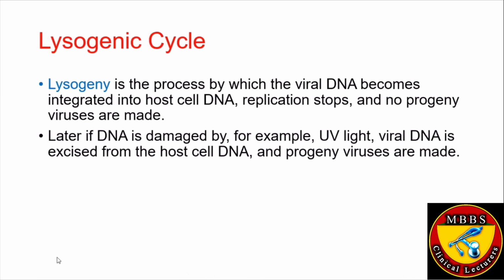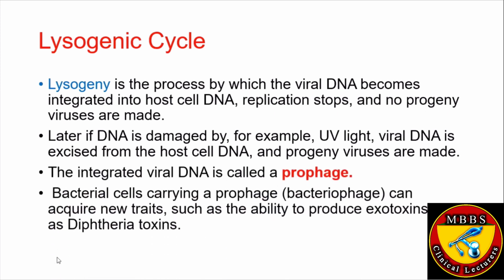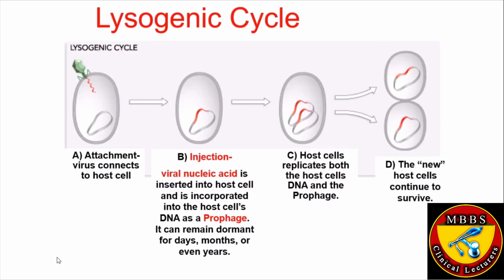Later, if DNA is damaged by, for example, ultraviolet, viral DNA is excised from the host cell DNA and progeny viruses are made. The integrated viral DNA is called a prophage. So bacterial cells carrying a prophage can acquire new traits such as the ability to produce exotoxins such as diphtheria toxins. Like you can see here, showing the lysogenic cycle.